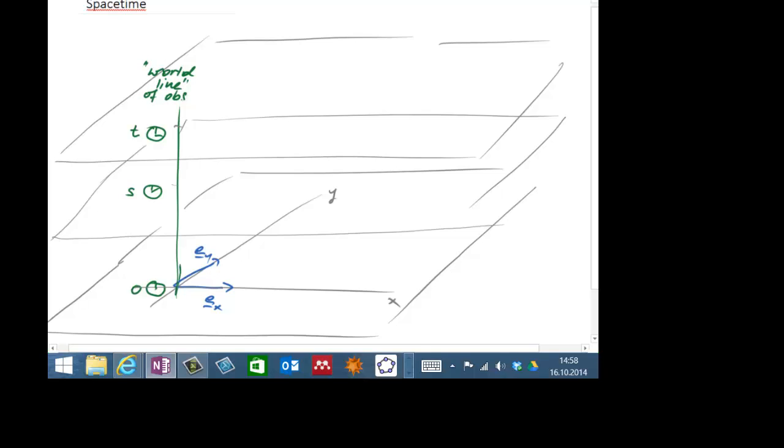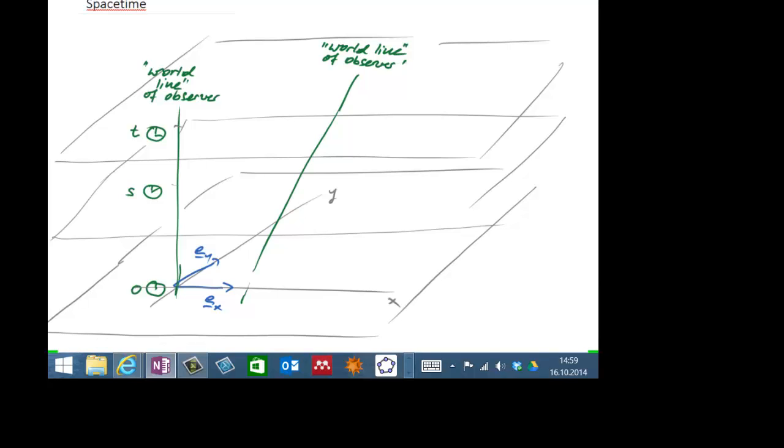Okay. Now my colleague, say the one traveling on the train, has a different world line. And his or her world line will in general look like this. So this is the world line of observer prime.